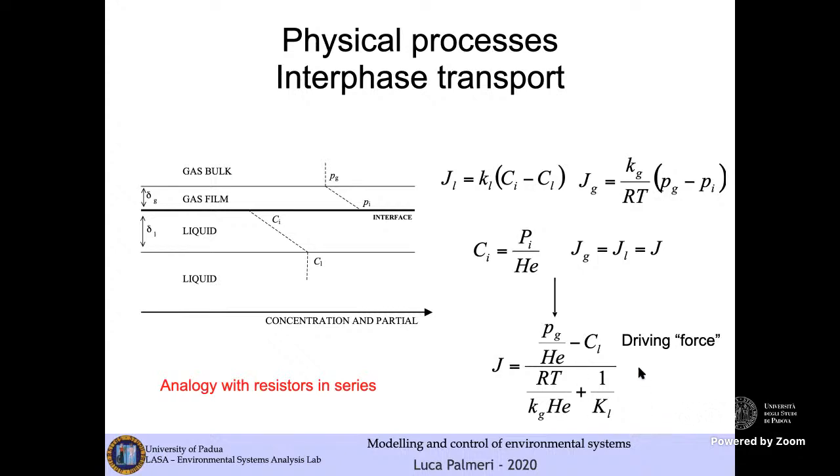In this case, the resistors in series are represented by these two terms. The first term is the resistance in the liquid film, in the gaseous film, plus another resistor contribution, that is the resistance to the transfer in the liquid phase.